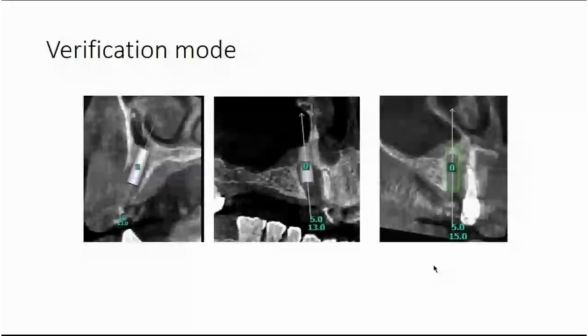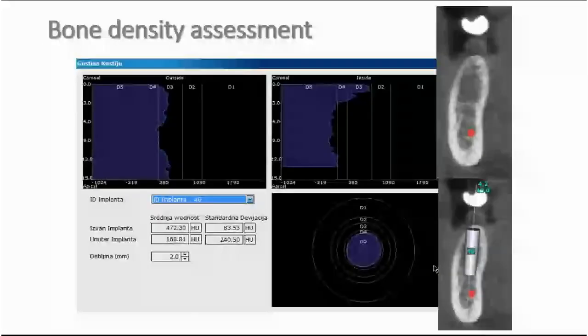So this verification mode, if we have any difficult situation, is a powerful tool, and it could help us a lot to orientate ourselves really well. Also, there is the question whether we can assess bone density.